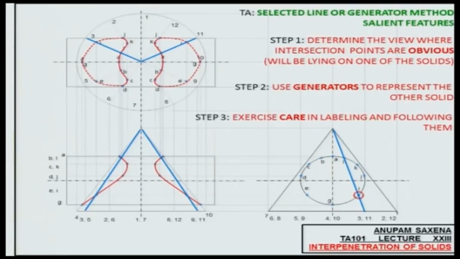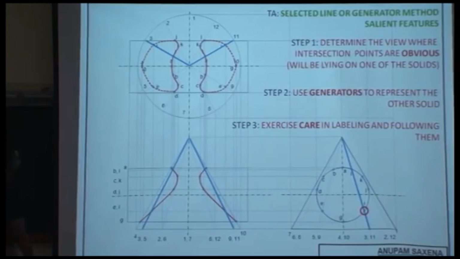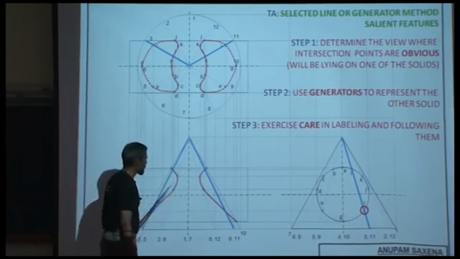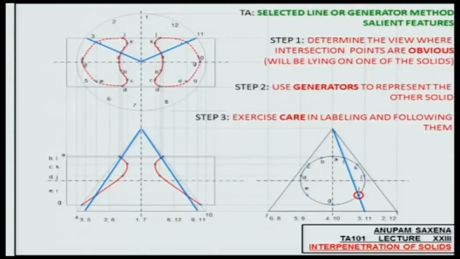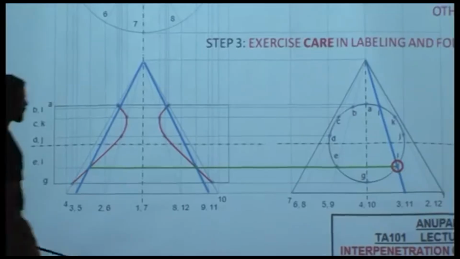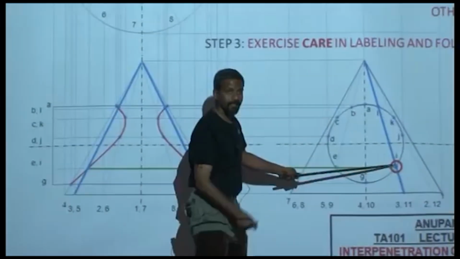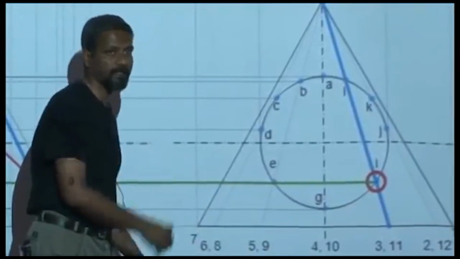All right, so once you have all these lines ready, you figure out the intersection. For example, this is one of the intersection points. I call it I. I project it onto the front view. Now these are in fact two intersection points. Again, one is towards you and the other one is behind the cone.